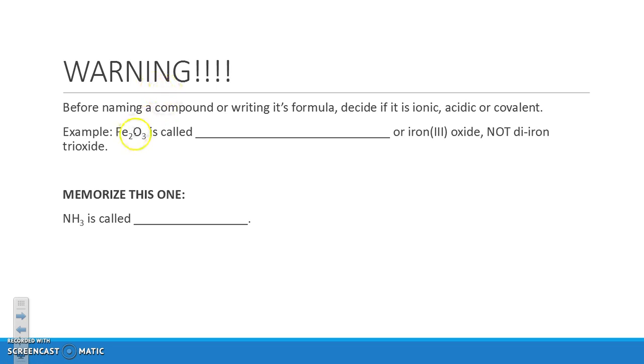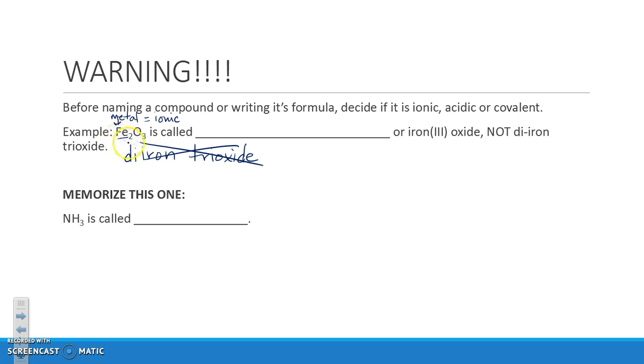All right, so Fe2O3, a lot of people would say, oh, that's diiron trioxide. Incorrect. Why? Because this is a metal, and if the first element is a metal, it's an ionic compound. And if it's an ionic compound, you have to name it by ionic compound rules. So metal first.